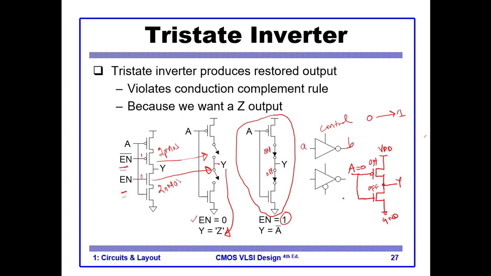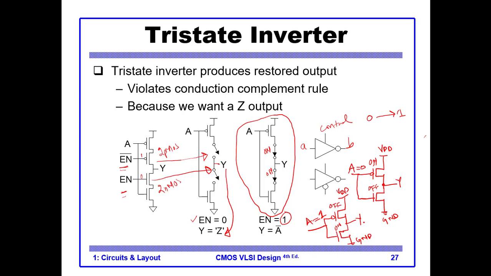Now imagine the other case. Let me draw again. So this is our A, this is our Y, this is VDD, this is ground. Imagine we gave it 1 as an input. So now for 1, this is off and this is on.